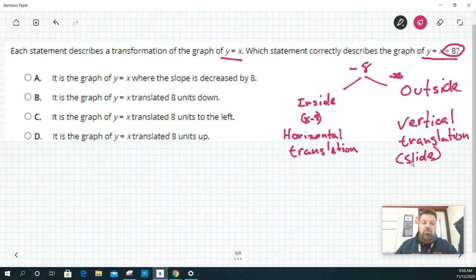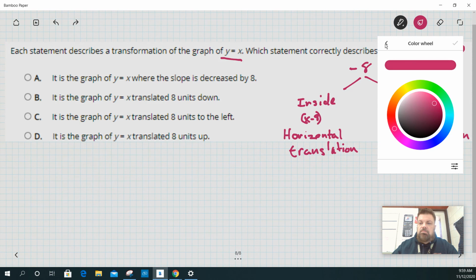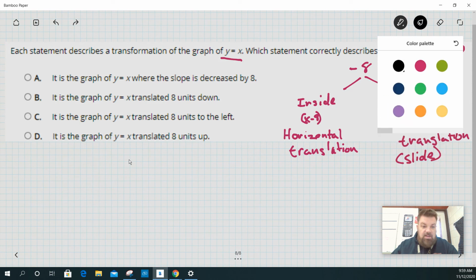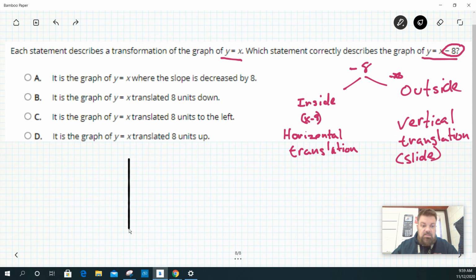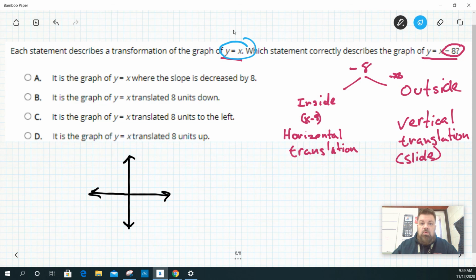And so what does that mean? Well, think of an XY plane. If I were to graph y equals x, y equals x has a slope of 1, right?